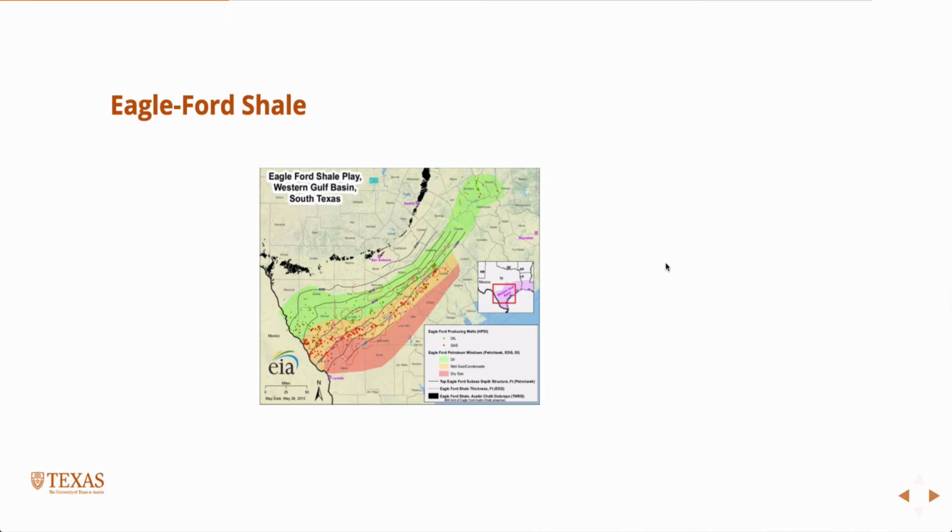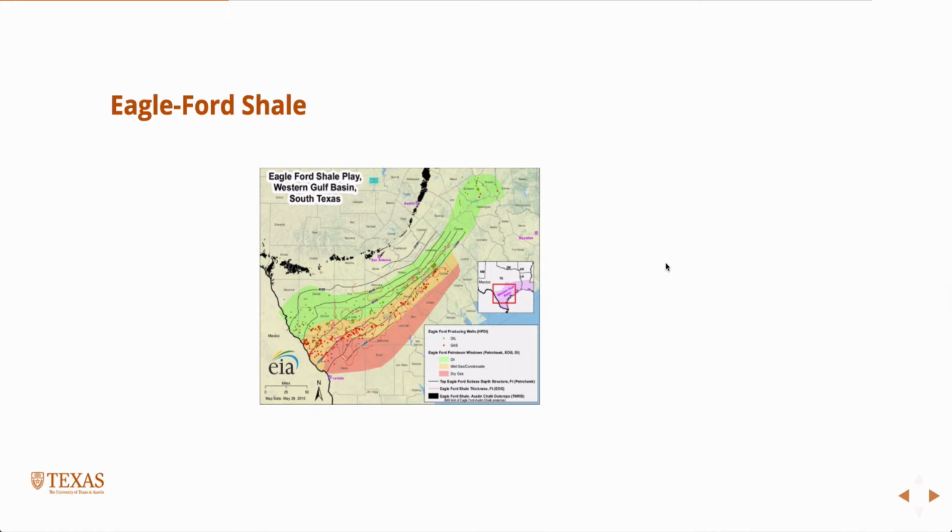Here's a picture of the Eagle Ford. If you have ever seen it or been down there, it covers about 22 counties in South Texas. It starts up towards Houston, but closer to Victoria, and then has this crescent-like shape down to the Rio Grande, where the Rio Grande literally stops the Eagle Ford Shale. No one's going to question that statement.